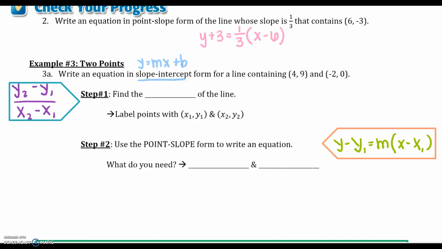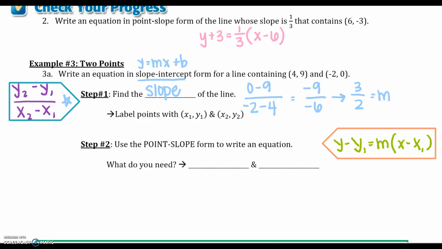For a line that contains our 2 points, well, we first need to find our slope because both of those forms that we've talked about have a slope. So here's my slope equation, y2 minus y1 over x2 minus x1. So I have negative 9 over negative 6, which reduces to 3/2. So that's my m.